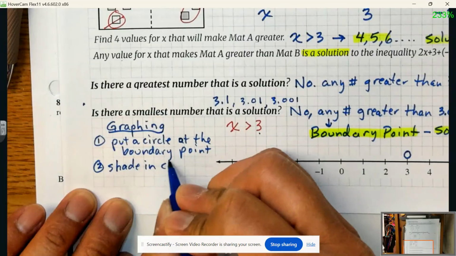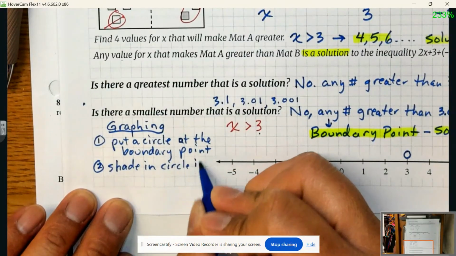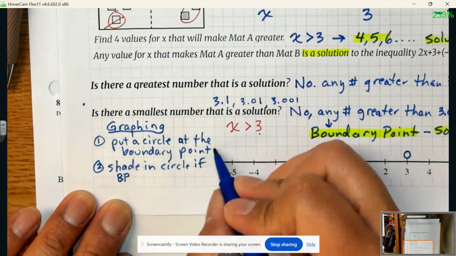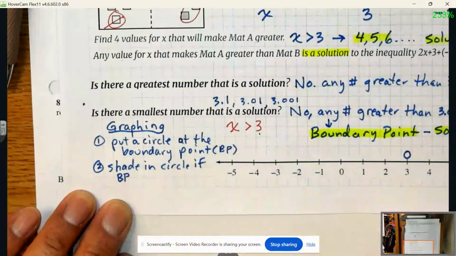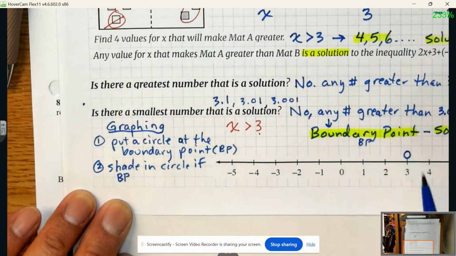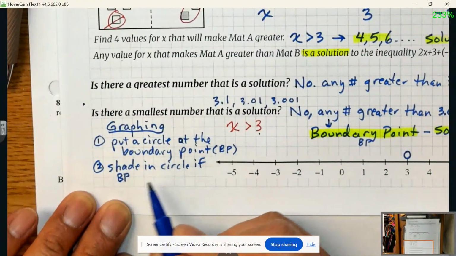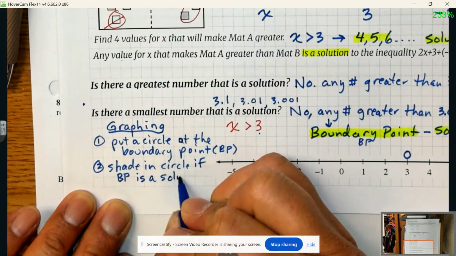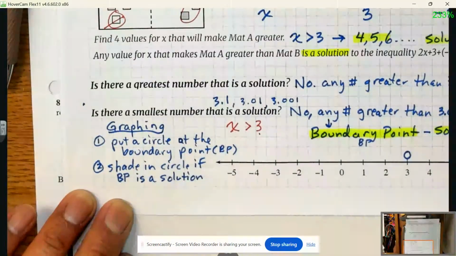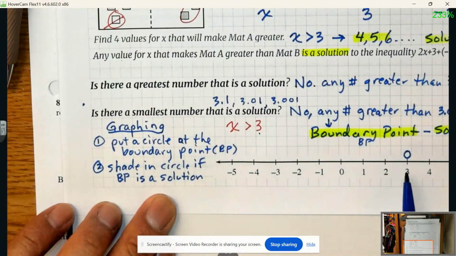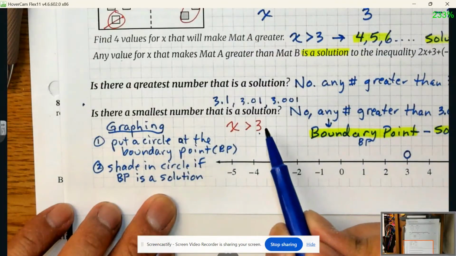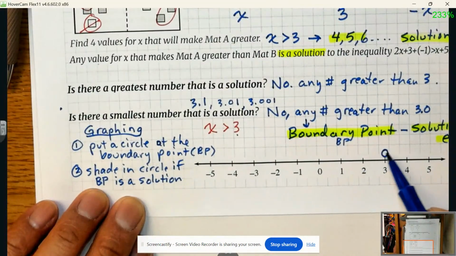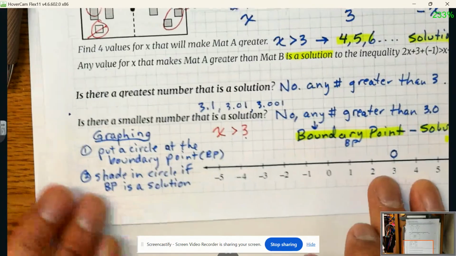So shade in the circle. If the boundary point, I'm going to call it BP. Okay, let's put BP here. So I'm going to shade in the circle if the boundary point is a solution to the inequality. Okay, so is 3 a solution to this? 3 is greater than 3. Not true. So we are not going to color in this circle. We're going to leave it unshaded.